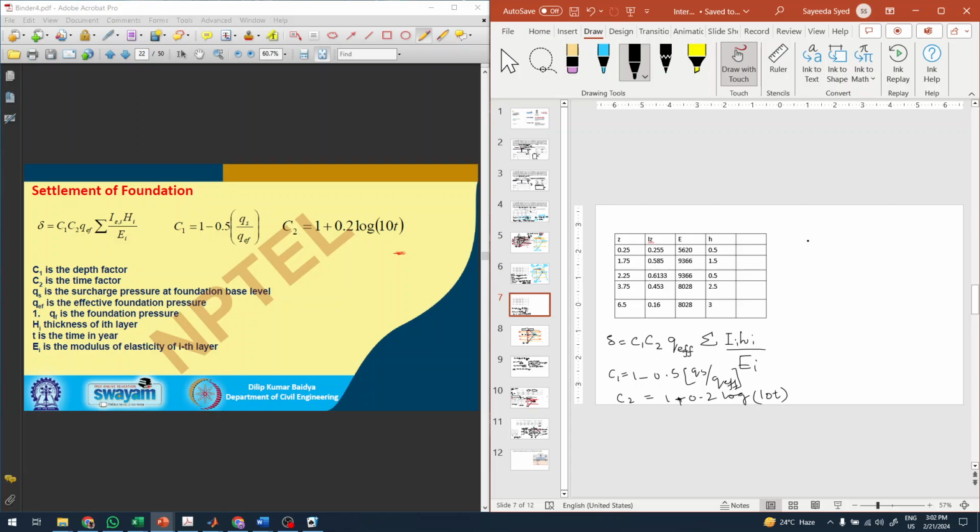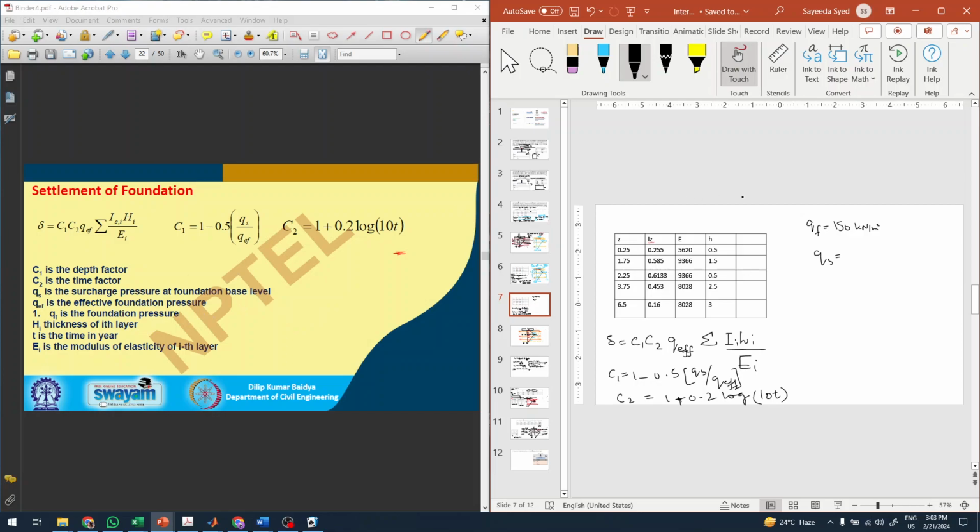So, excuse me, qf is the foundation pressure, qs is the effective surcharge pressure at the base level.